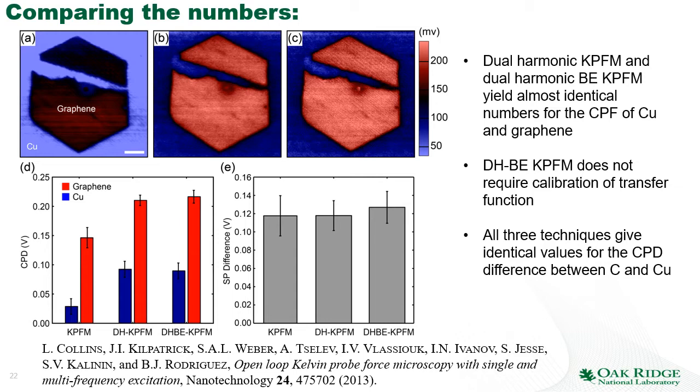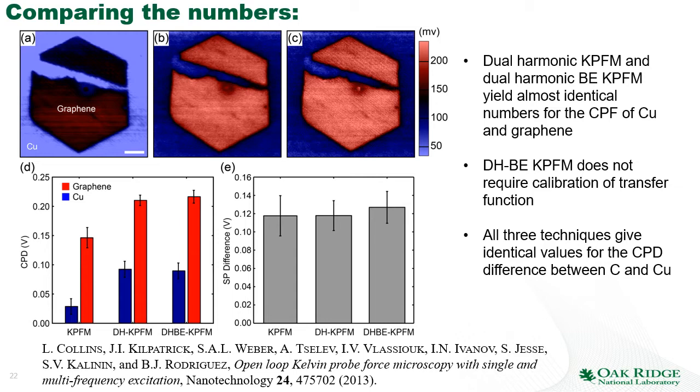And what we do here is we measure quantitatively the contact potential difference on copper and graphene using classical KPFM, using the dual harmonic single frequency KPFM, and dual harmonic band excitation KPFM. And it turns out that the single frequency and BE version give almost identical values for the CPDs, so both for copper and graphene.